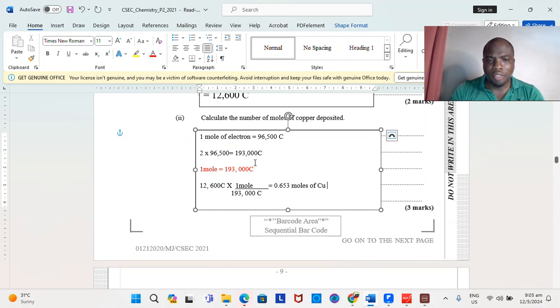And so we would have completed by doing, just to run through, basically when they say calculate the number of moles, they can take 2 approaches when given these questions. They can ask you to calculate the mass, in this case, deposited at the cathode. They can ask you for the volume of gas. Now you need to remember your relationship between moles and volume of gas, moles and particles, moles and mass.